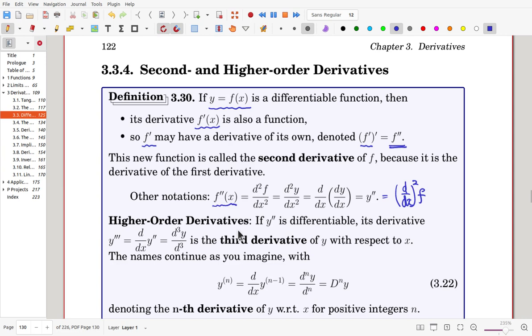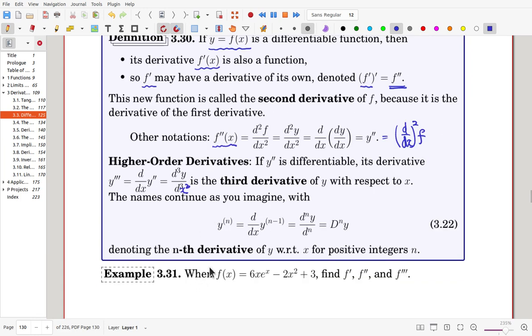If y double prime is differentiable, then its derivative can be written in this way along with triple prime. They're the same as, oh boy, x is missing, d cubed divided by dx cubed of y. That is the third derivative of y.